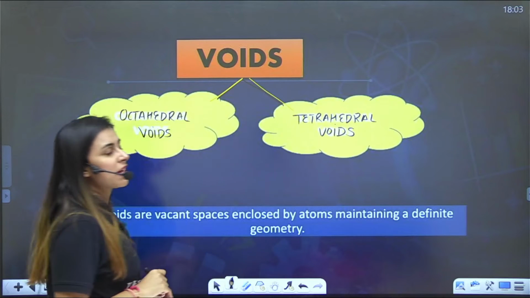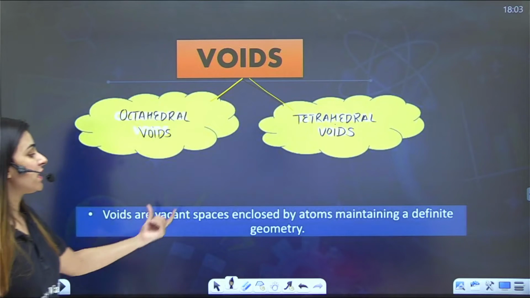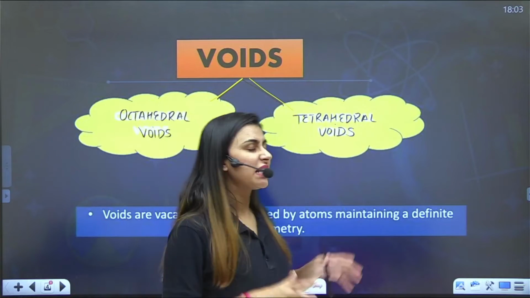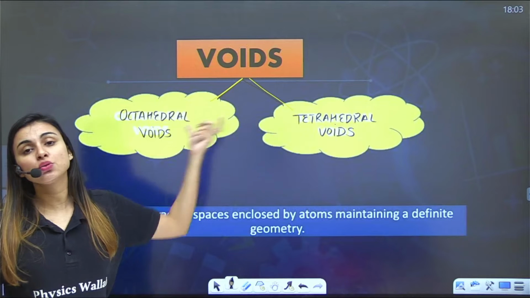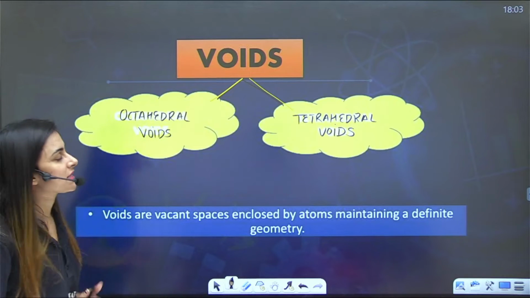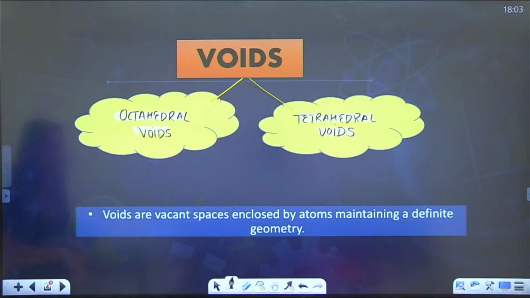So these are the two types of voids that are present. Now voids are vacant spaces enclosed by atoms maintaining a definite geometry. I hope you're clear with that. Now we'll be discussing these two types of voids in detail. You can pause the video, write it down, and then we'll move forward.